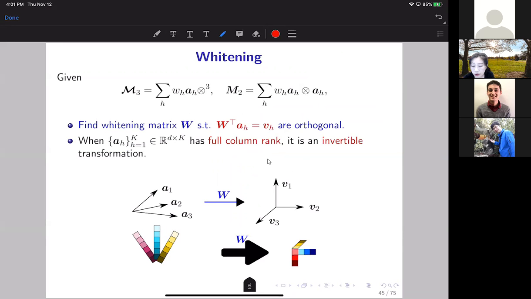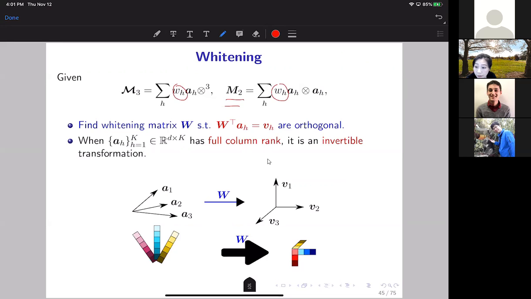First of all, I wanted to emphasize that whitening can be done by using M2, right? M2 is the second order moments, or you can think of it as the empirical estimation of second order moments. Okay, so M2 can be written as the summation of omega H, AH tensor AH. You can see the similarity between M2 and M3, right?